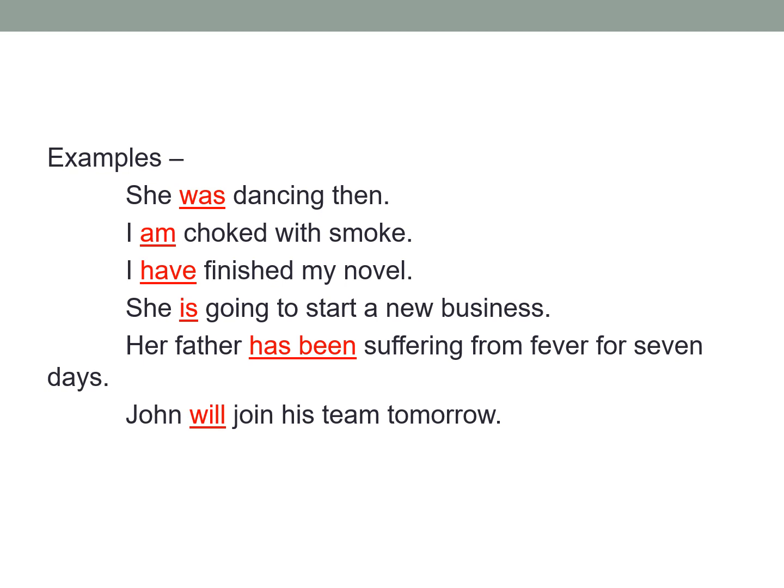And you can see another example. Her father has been suffering from fever for 7 days. In this sentence, you can also find 3 verbs, right? And in this sentence, the principal verb is suffering. This verb needs the help of 2 more verbs.